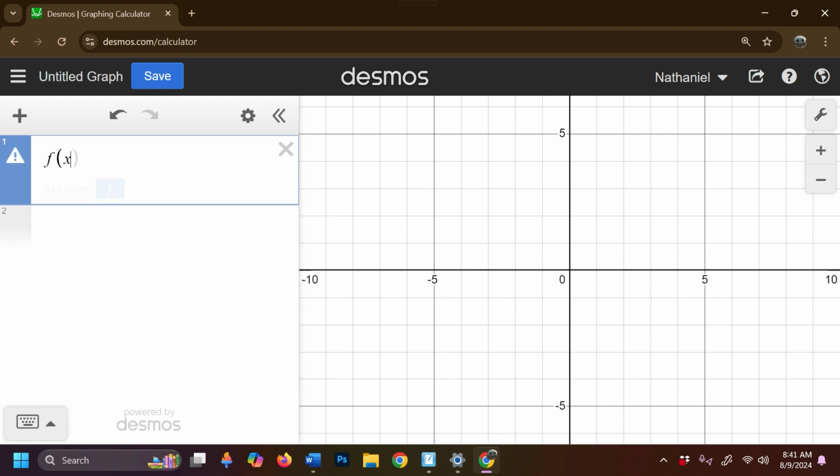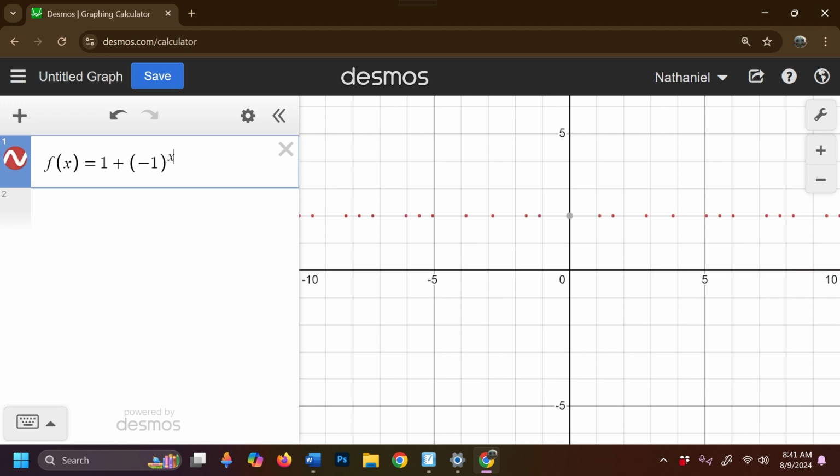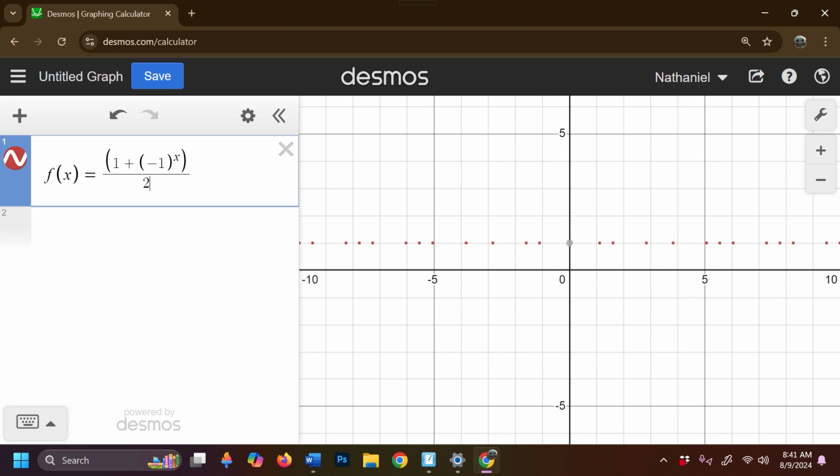So let's go f of x is equal to 1 plus parentheses negative 1 close parentheses raised to the x power, and let's put parentheses around the whole thing here so that when I hit the divide bar I get all of that in the numerator. And let's put 2x in the denominator.